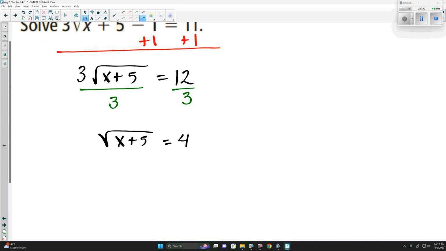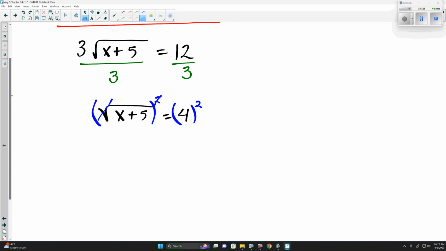We get the radical by itself, put both sides to the nth power, and again, our nth power in this case is 2, because the square root and square would cancel. Telling us x plus 5 is 16.